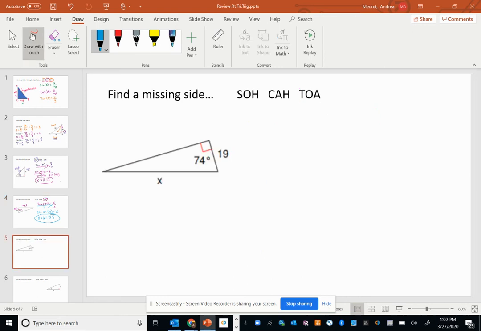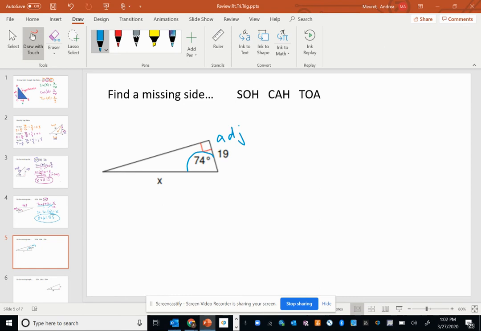Okay, and then our last example here, trying to find a missing side. Again, we always want to know, well, what angle do we know? We know this angle here is 74 degrees. And in reference to that, this side here that's labeled with a 19 is the adjacent leg.